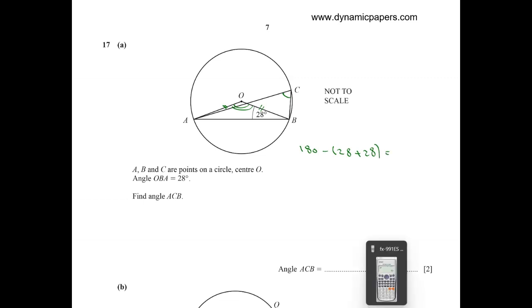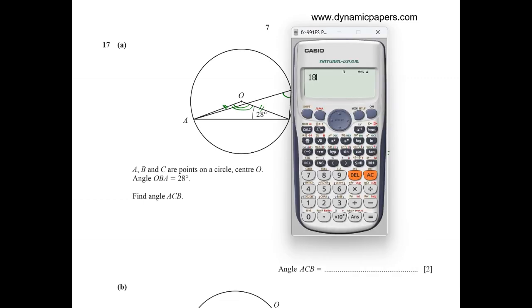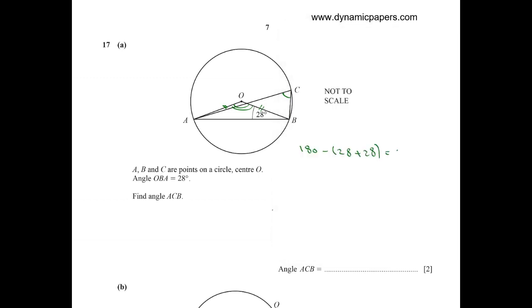Using your calculator, 180 minus (28 plus 28) will be 124. Measure angle O equals 124. Measure angle C equals 124 divided by 2, and this gives you 62 degrees.